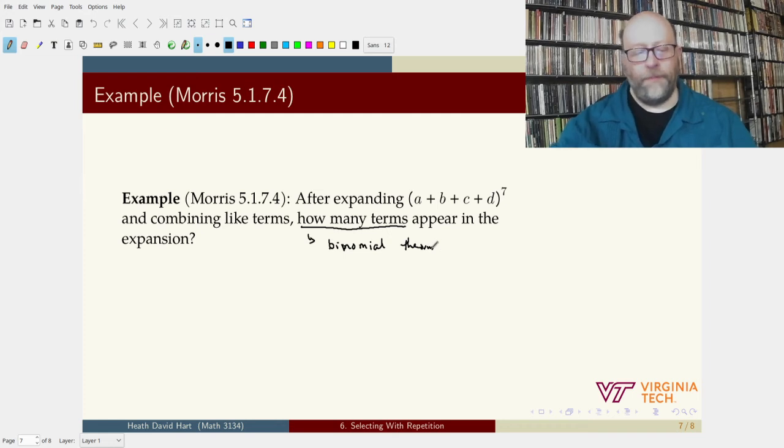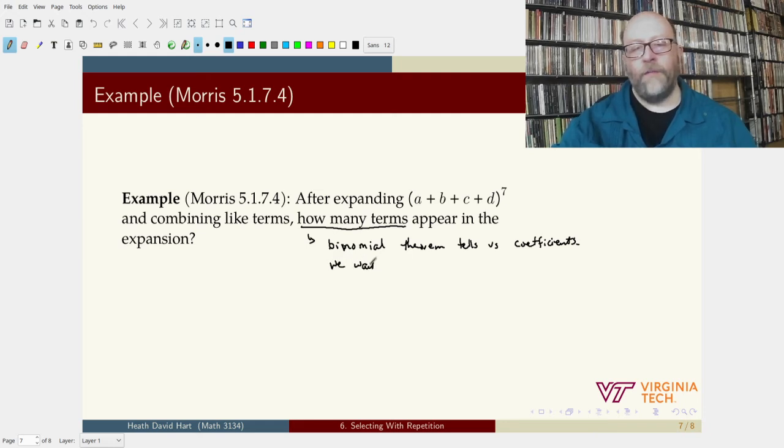The binomial theorem tells us coefficients. But this isn't looking for the coefficients, it's just the total number of terms.